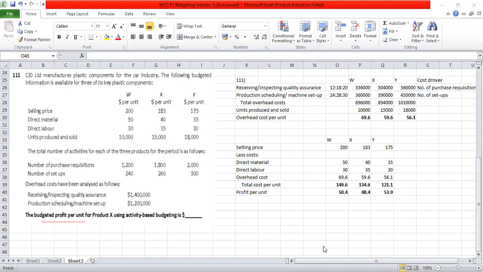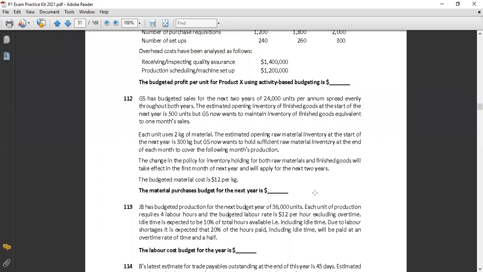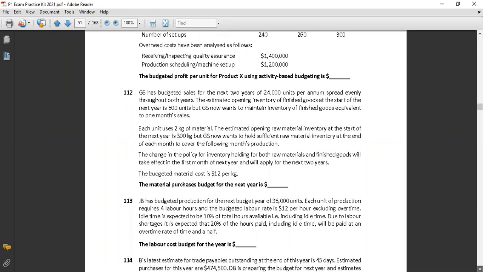So this is question number 111. 112, 113. Any idea?